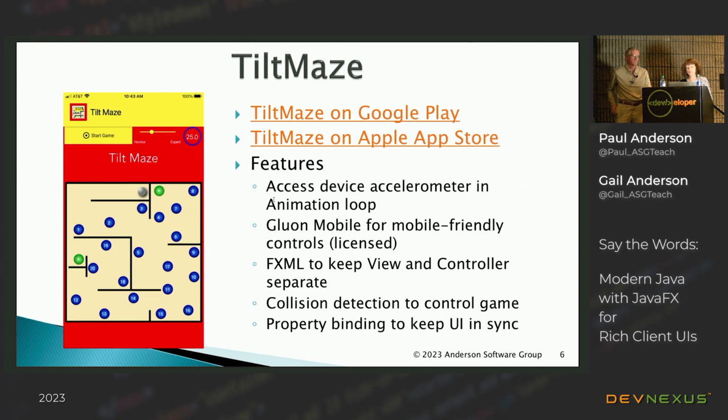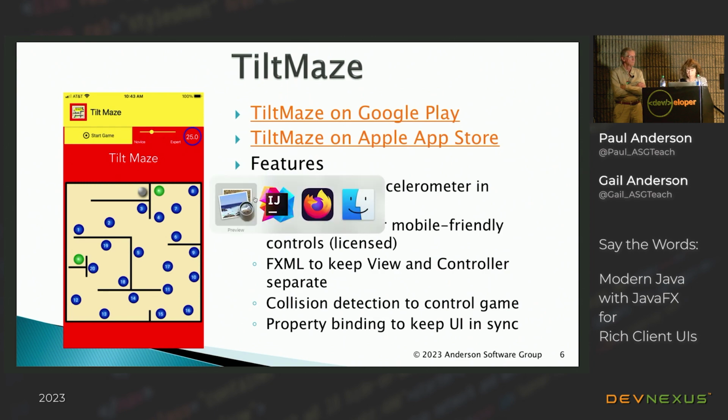And yes, you can, and we do it in a device-agnostic way. In this particular example, we use Gluon Mobile, which is a licensed product that's skinned particularly for the mobile environment. And we use FXML to keep the view and controller separate. The game uses collision detection to control the game, and we use property binding to keep it in sync.